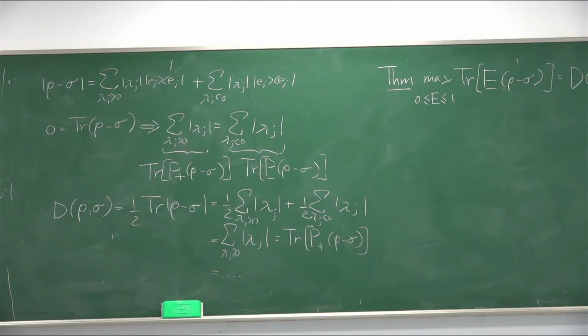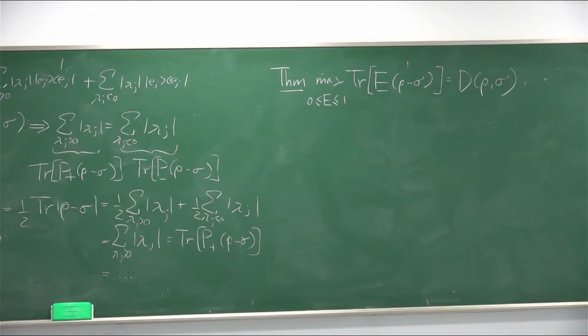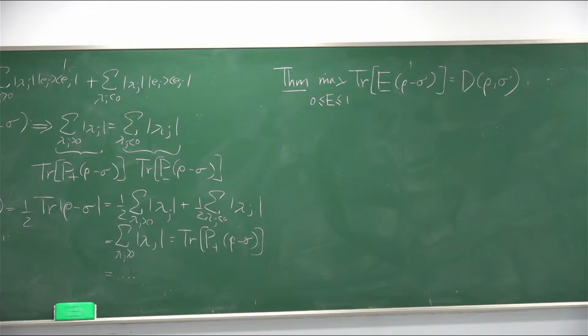Since the difference rho minus sigma is Hermitian, you can diagonalize it. Now I have to take a function of a Hermitian matrix, which I can do by taking the function of the eigenvalues in the eigenbasis instead.